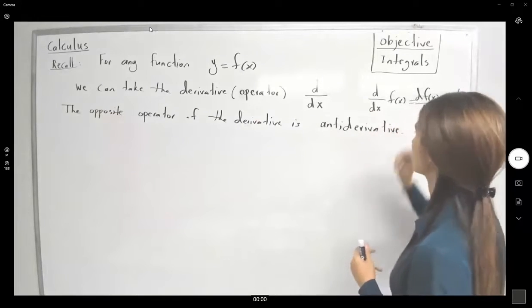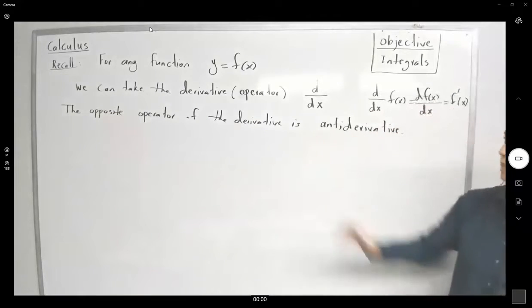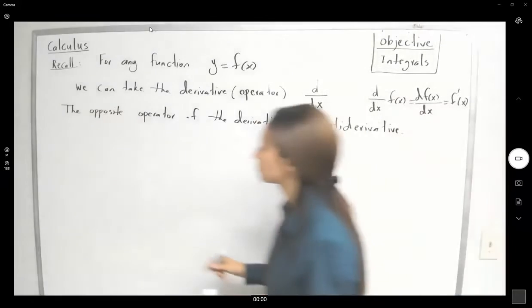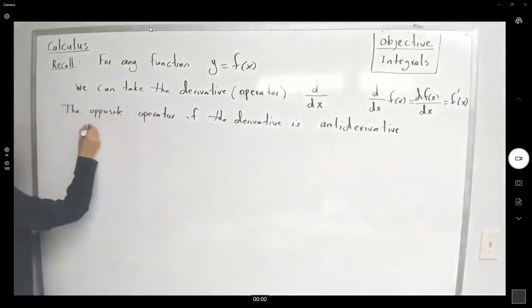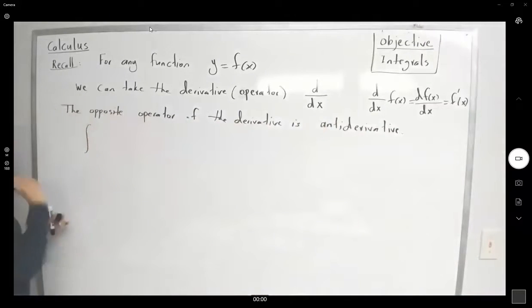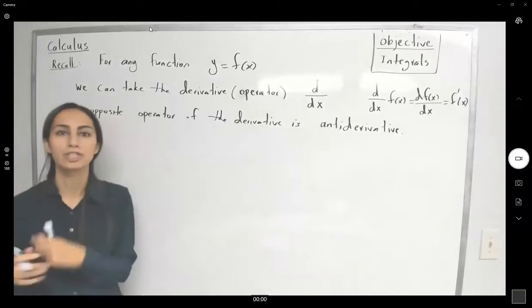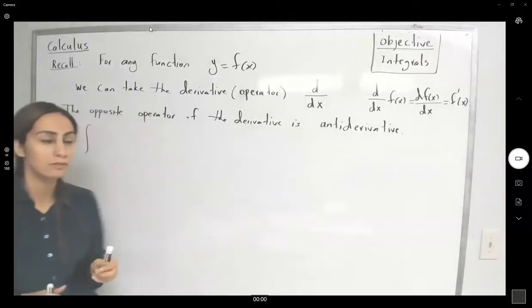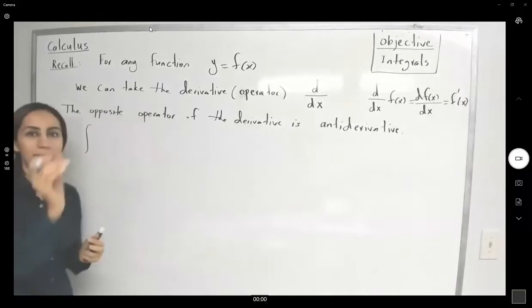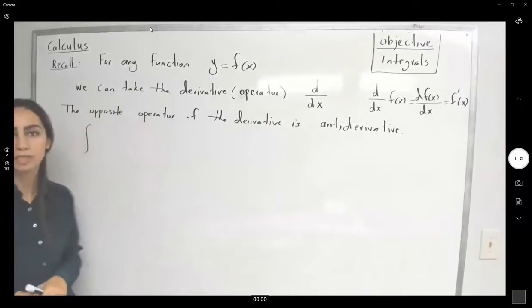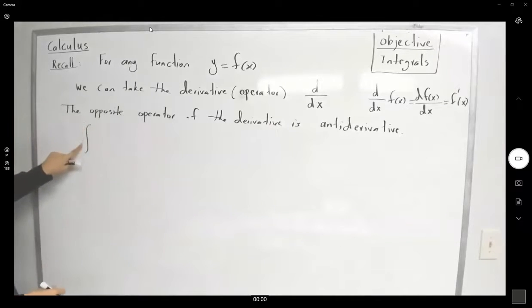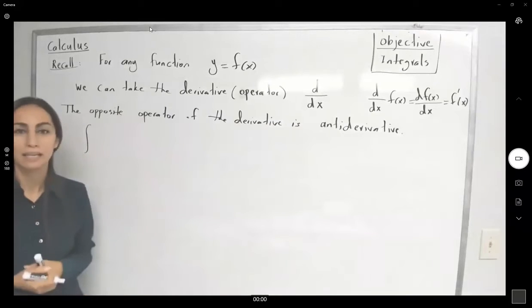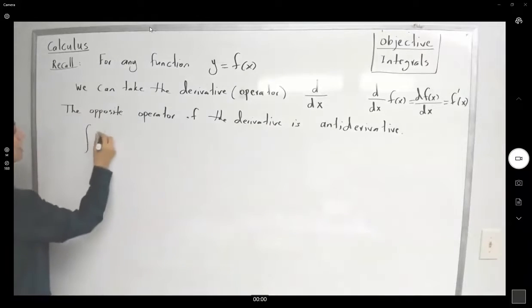Remember that to define antiderivative, we take the Riemann summation, then n goes to infinity, and we change the capital sigma into a long S, and we call it the integral of function f.